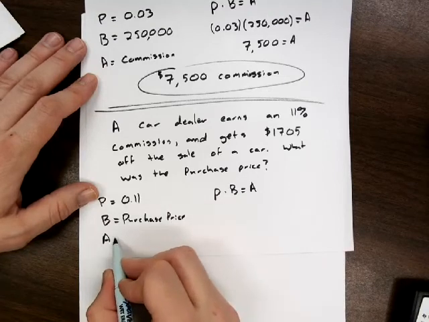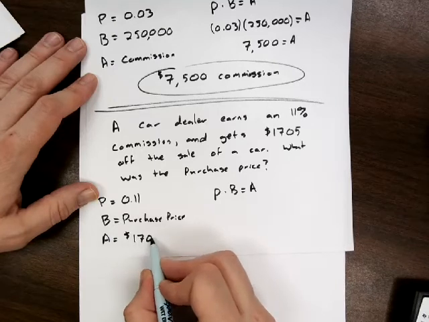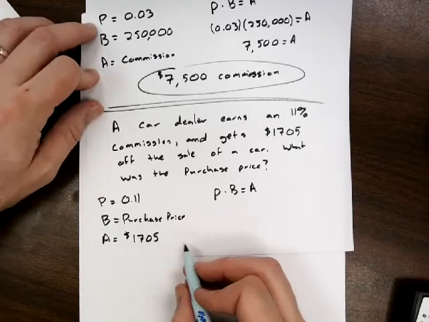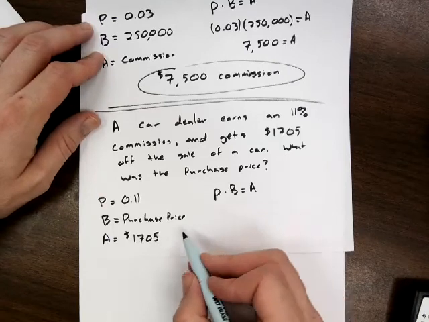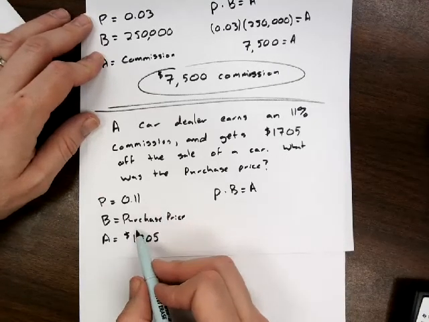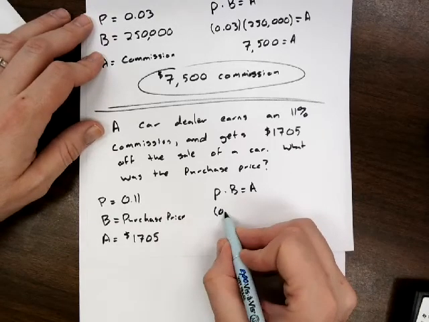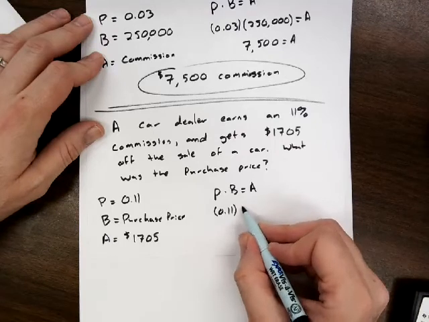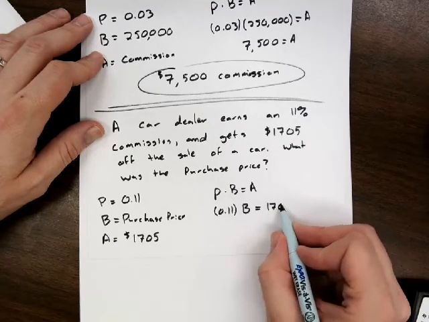And our amount was $1,705. Okay, let's plug in the things that we know to find the thing that we don't. So we're going to plug in that 0.11, that's our percent. We don't know what that base is, but we do know our amount was $1,705.